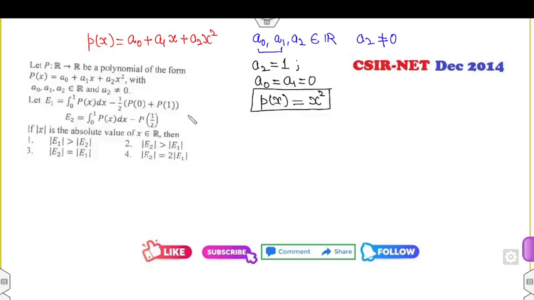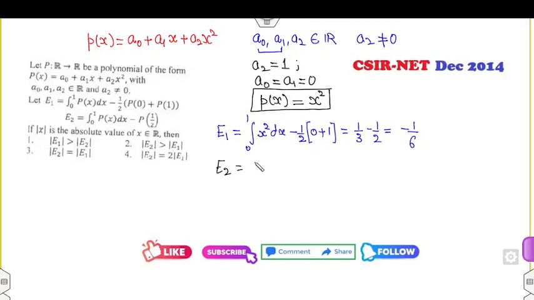Fine. Now once you know the Px, calculate E1: integration from 0 to 1 of Px minus half of P of 0 plus P of 1. So the integration of this is 1 over 3 minus 1 over 2 minus 1 over 6.